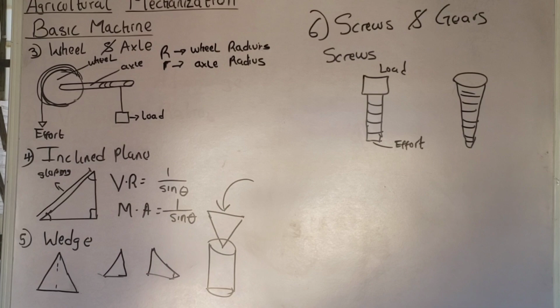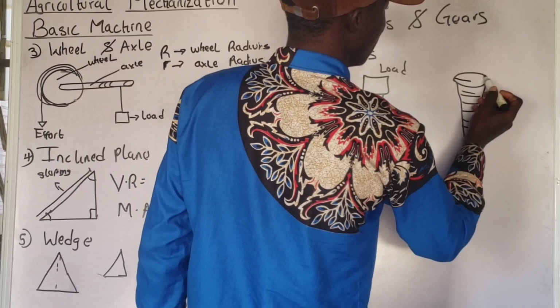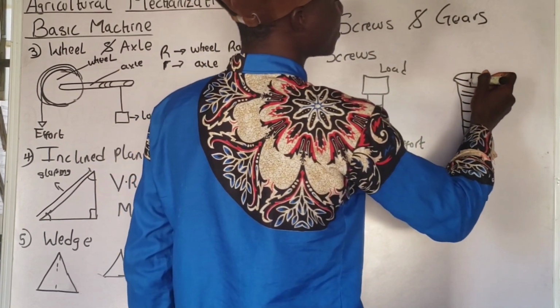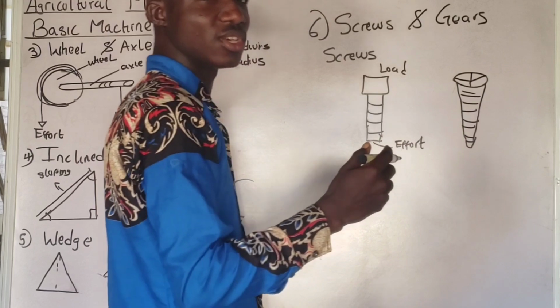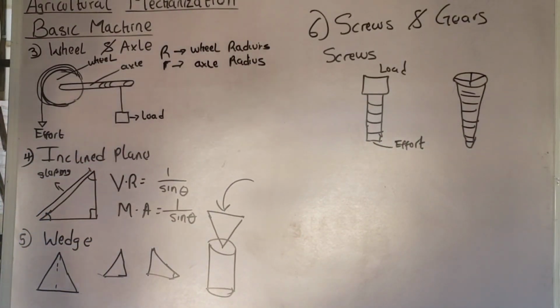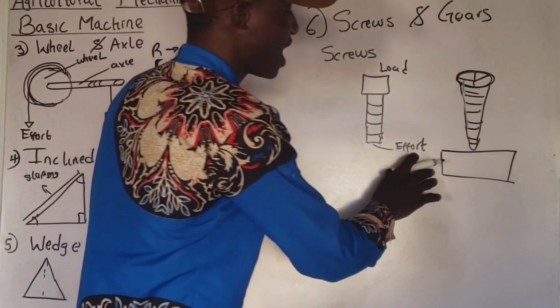I will explain. Let's say you have a screwdriver. If you have a screwdriver, try screwing this screw on an object. You will realize that as the screw completes one rotational motion, one revolution, this screw will be driven forward. Let's say we have a block of wood here.